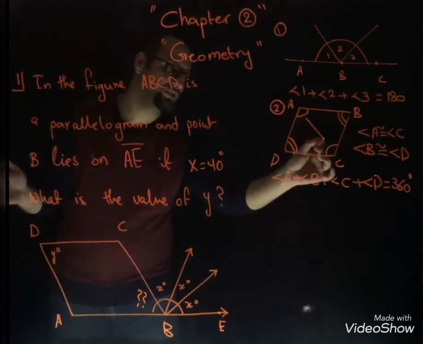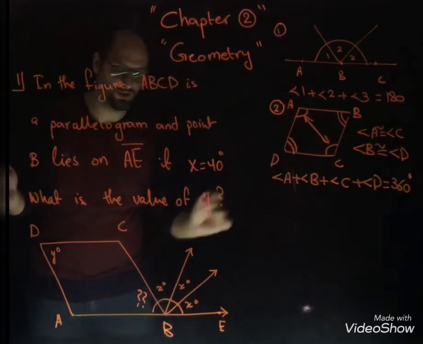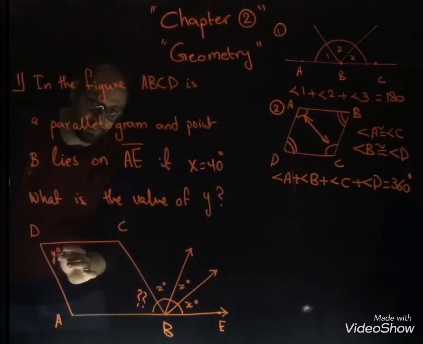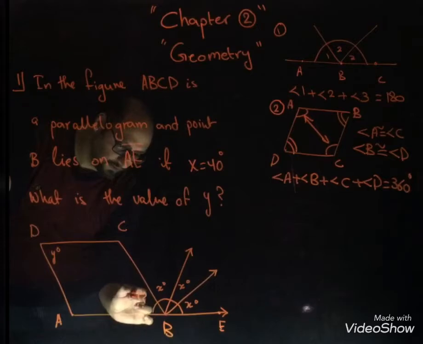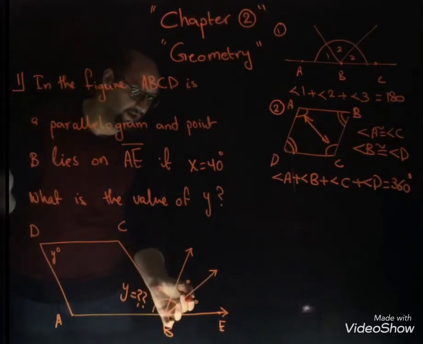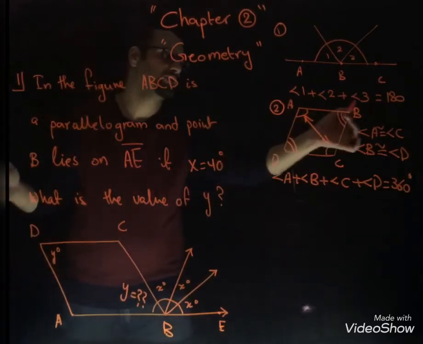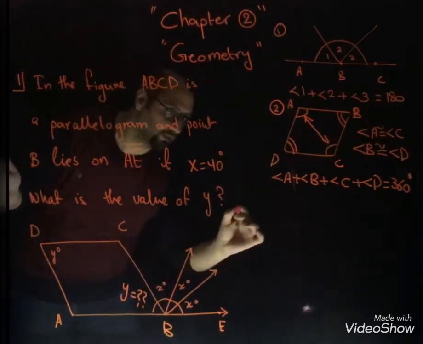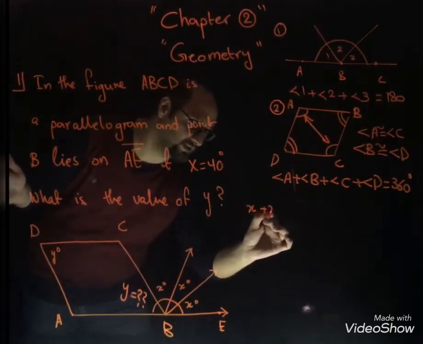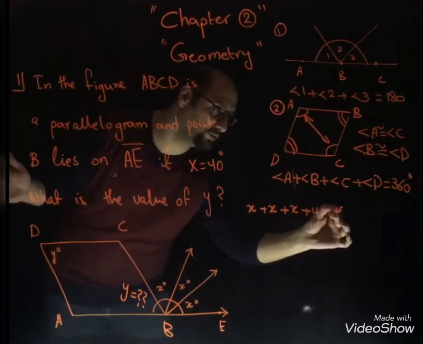The opposite angles are equal. A equals C. So this angle y equals this angle y. So if I add x and x and x and y, I should get 180. So x plus x plus x plus y equals 180.